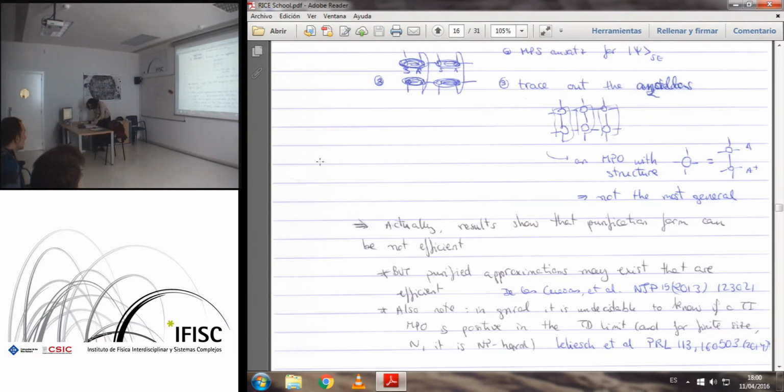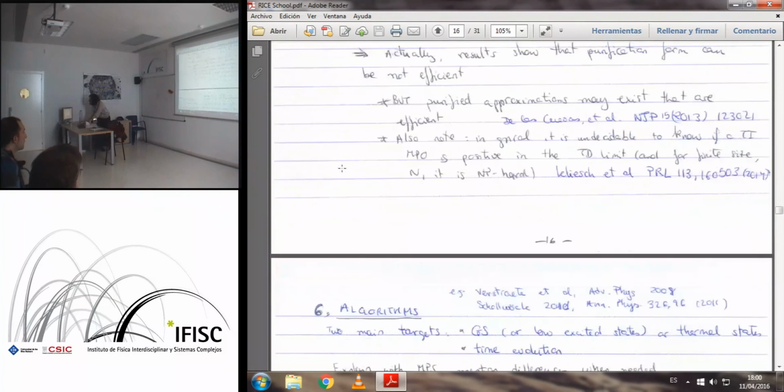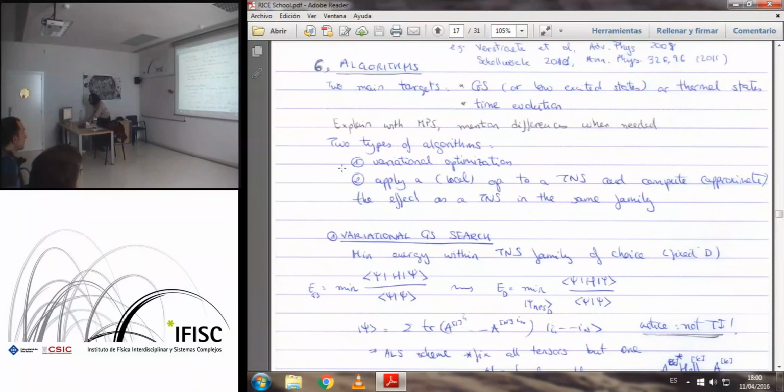Anyway, I mentioned this because it's actually pretty useful in practice for the algorithms. If there are no questions about this, I will go to the more practical part about what kind of things you can do with this construction.